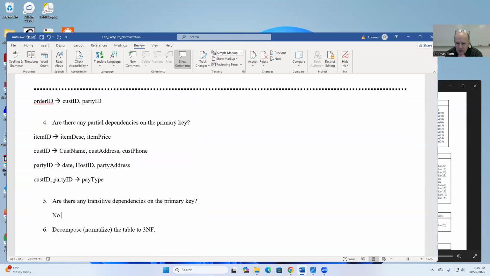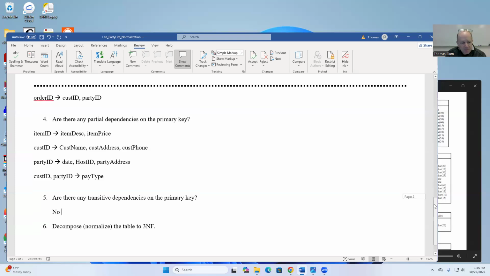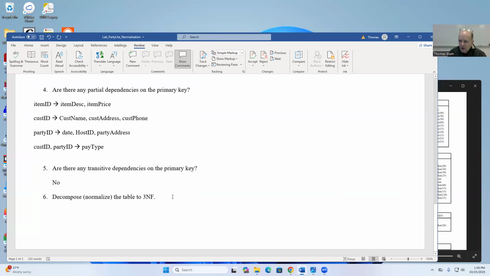But had we introduced an order ID, which is not necessarily a bad idea, then we would have had some transitives because the order ID would have told us something like customer ID, which would have then told us other customer information. So sometimes whether you're decomposing at the second normal form or the third normal form depends on your choice of the primary key.